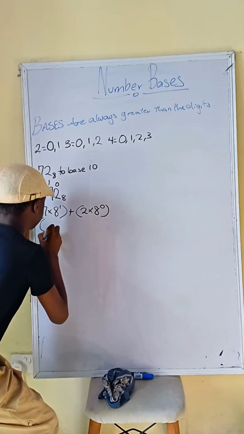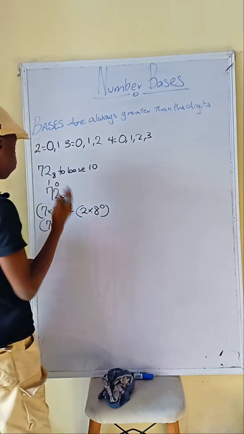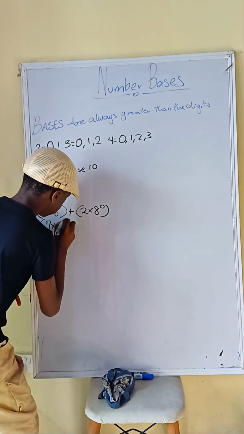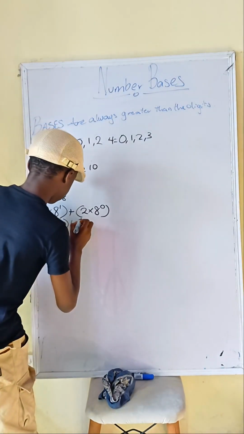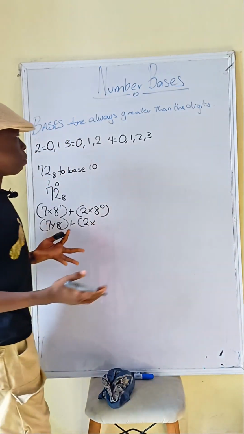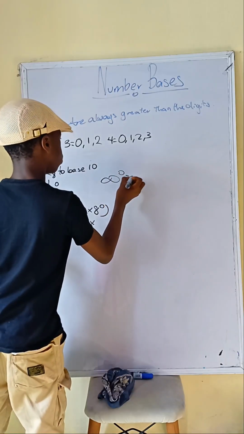So 7 times 8 raised to the power of 1 is the same thing as 8, as I've already said, plus 2 times, as I told you before, 8 raised to the power of 0 is 1.